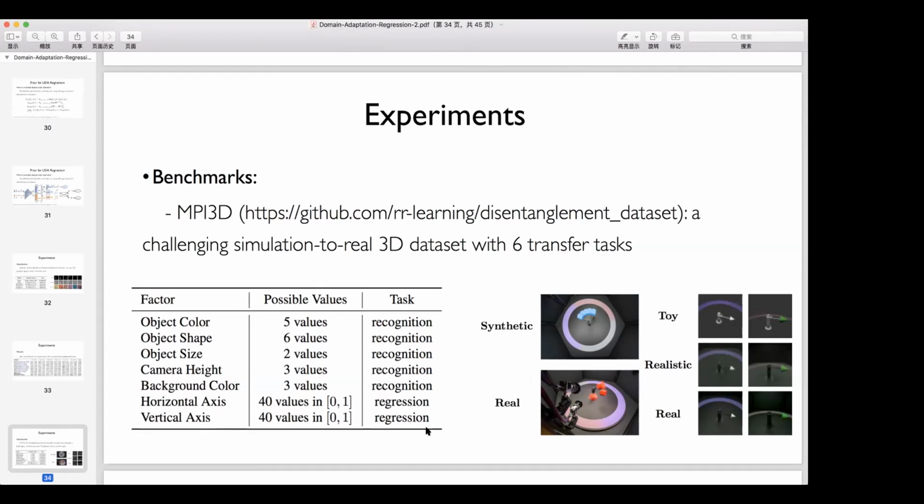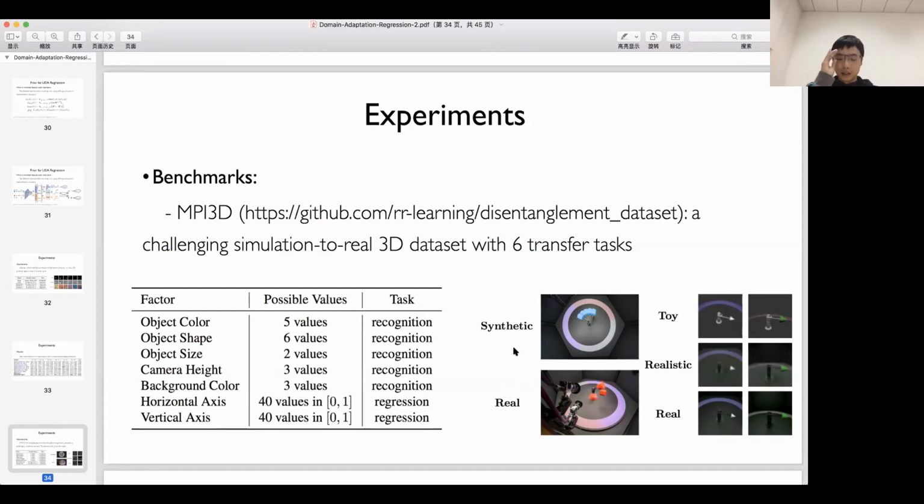Can you, from the pictures, tell us what we transfer to what? What is the transfer process here? So synthetic is Q, and real is P? I'm trying to identify the domains Q and P. Yes.